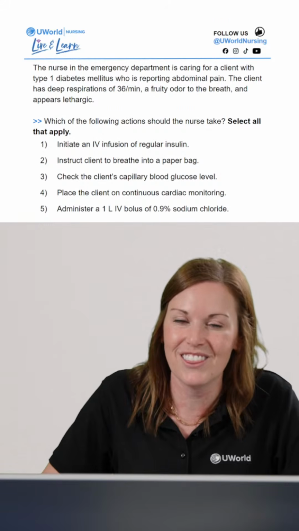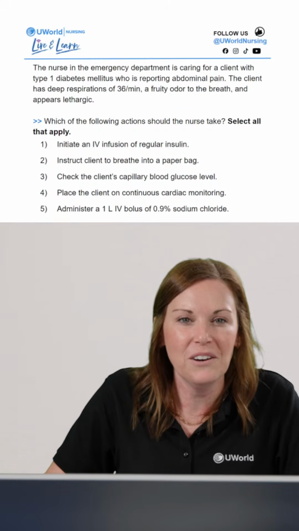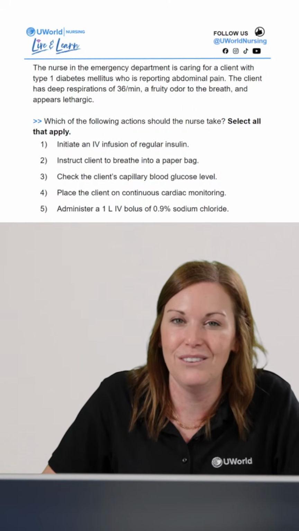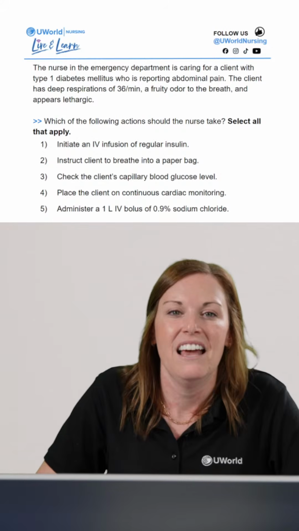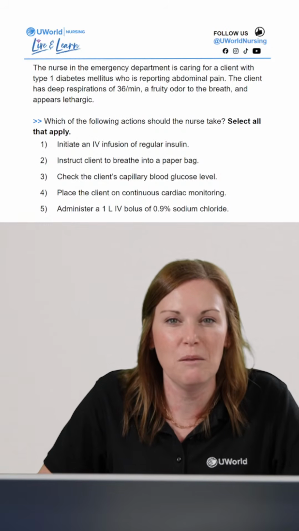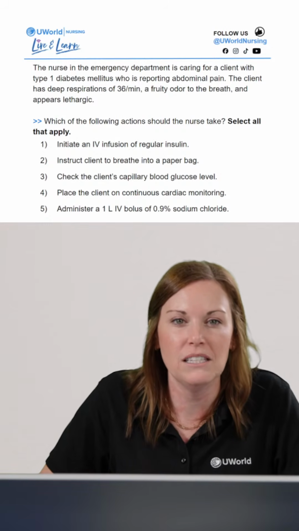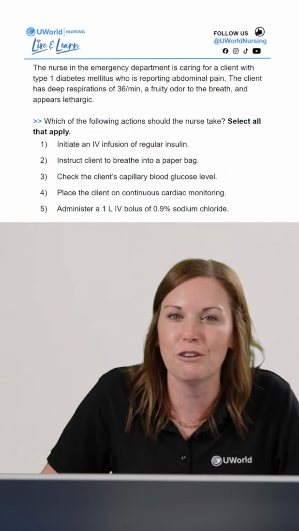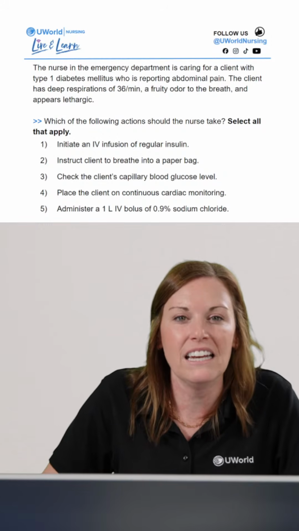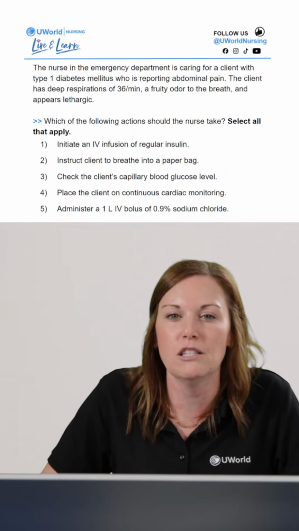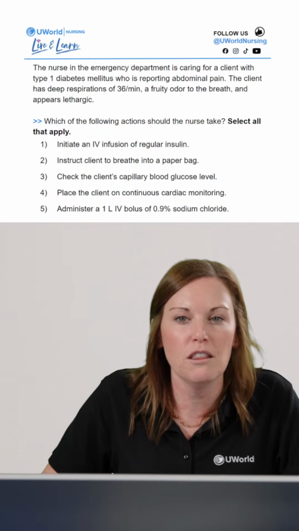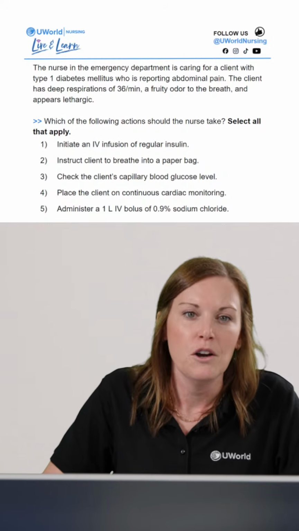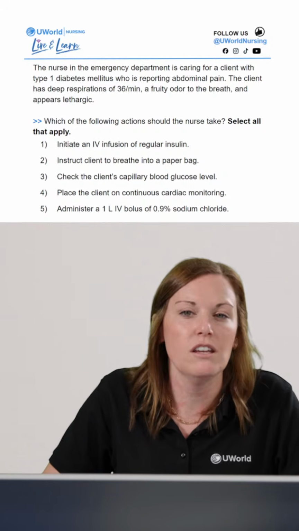All right, so we have our 3rd question pulled up. I'll go ahead and read it, and then we'll give you some time to answer. The nurse in the emergency department is caring for a client with type 1 diabetes mellitus who is reporting abdominal pain. The client has deep respirations of 36 per minute, a fruity odor to the breath, and appears lethargic. Which of the following actions should the nurse take?